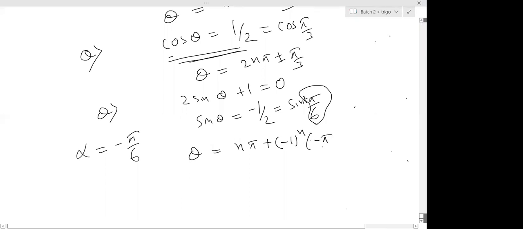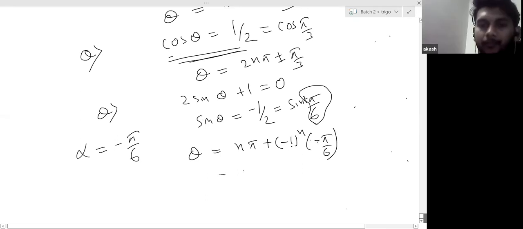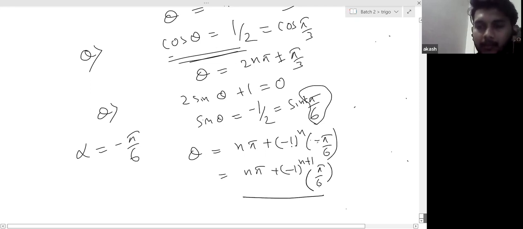If you put minus pi by 6, this minus will be multiplied here. So n pi plus minus 1 raised to the power n plus 1 pi by 6. This is also right.